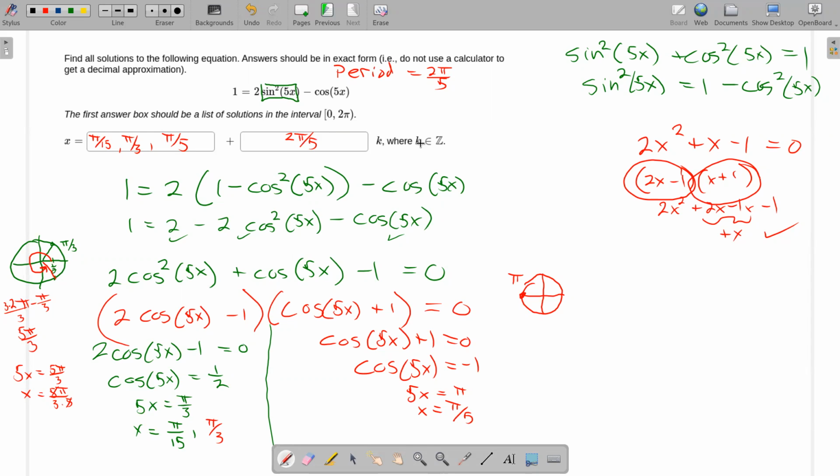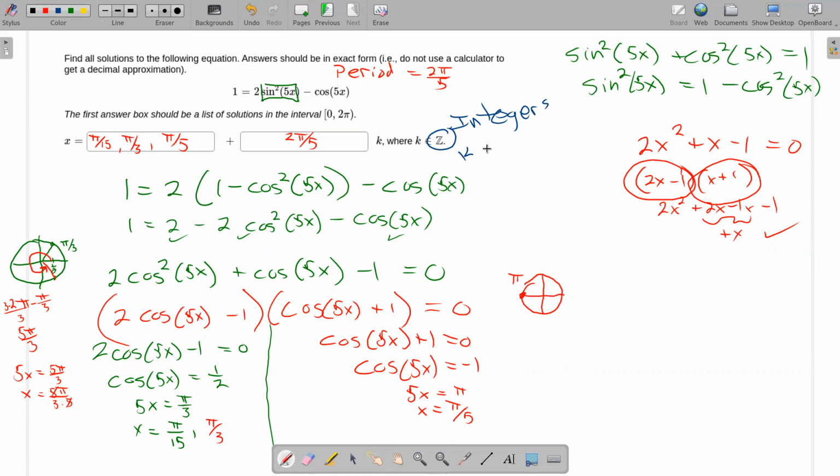And k here, Z means integer. I can't remember why they picked Z. I think it's German. So that means k could be 0, 1, 2, 3, or -1, -2, -3. So side note at the top here, Z means integers.